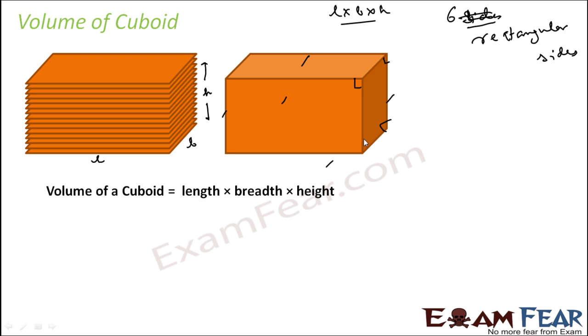You take any of these angles, all will be 90-degree angles. That is a cuboid, and the volume of a cuboid is nothing but length into breadth into height, because each sheet was length into breadth, and if you add n number of sheets to make sure the height is h, the whole volume will become L into B into h.